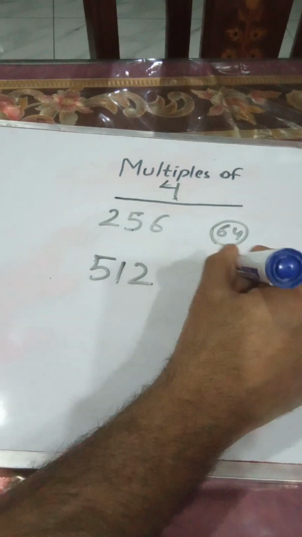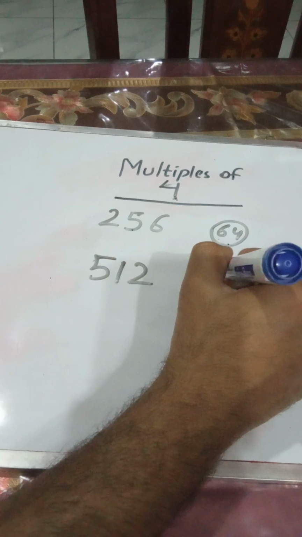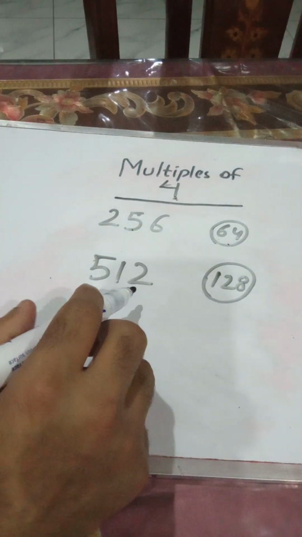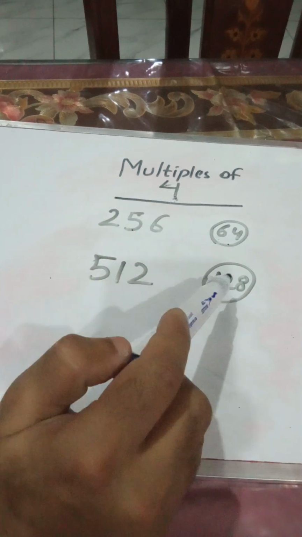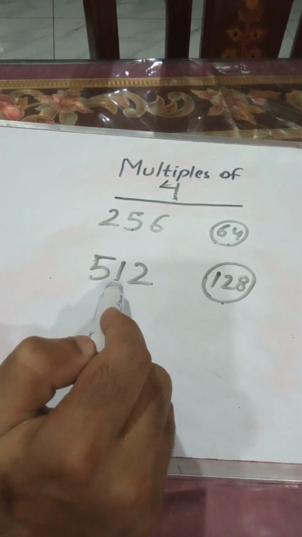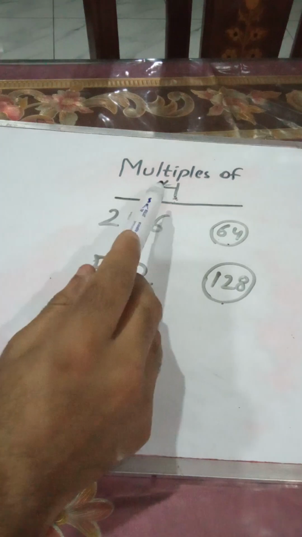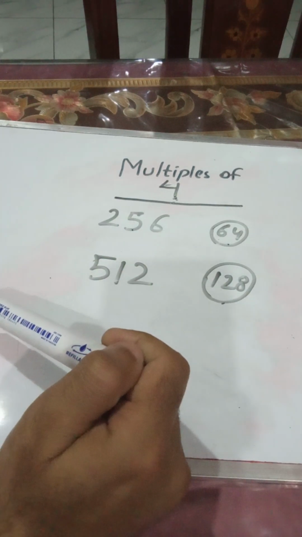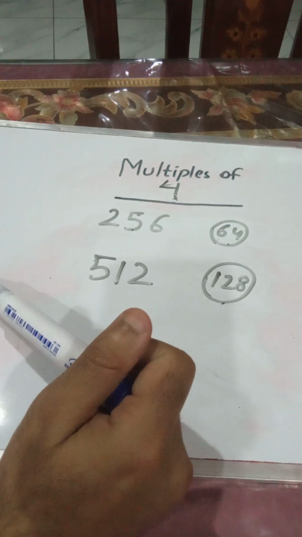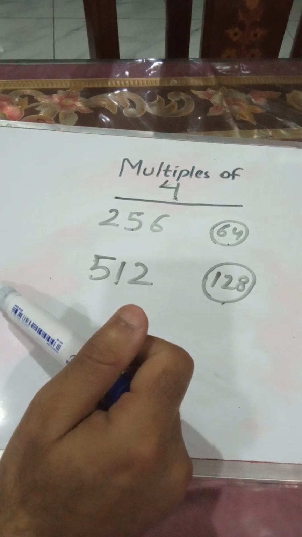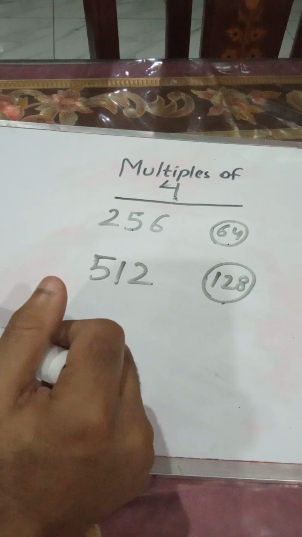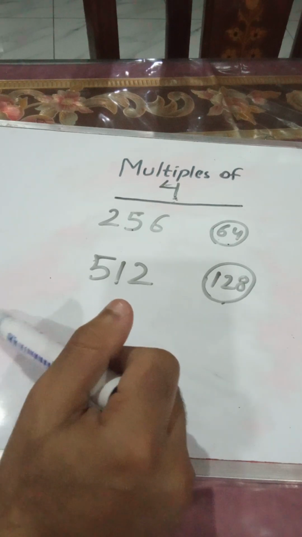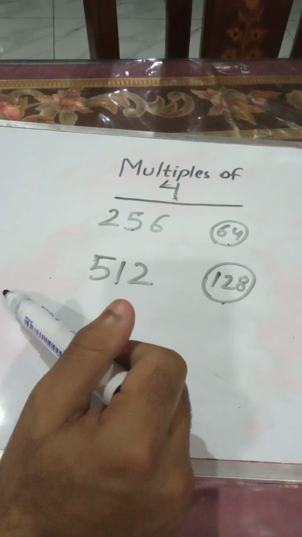And what is the double of 64? That is 128. So it means that 4 128 times is 512. If you multiply 4 by 128, you will get 512. So this is how we will find out the multiples of different numbers using this particular method.